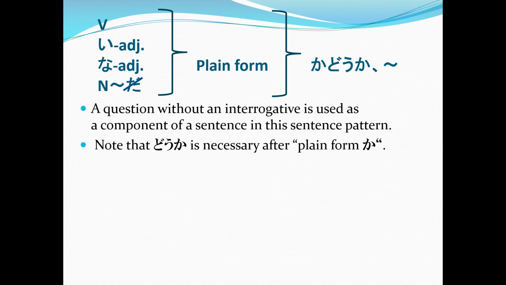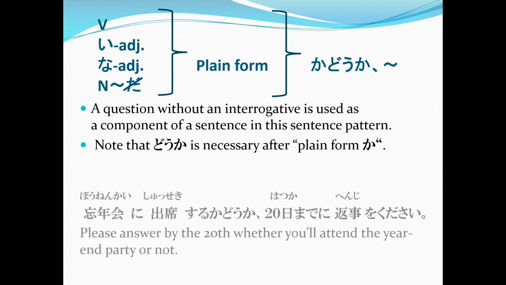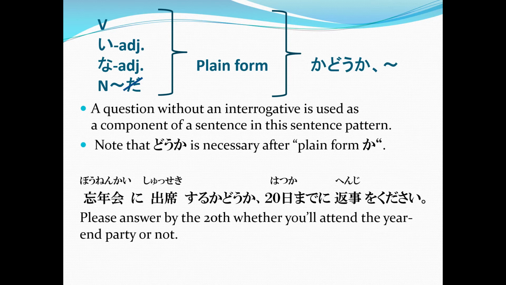So here are the examples for you to better understand it. Onenkai ni shusseki suru ka doka hatsuka made ni henji o kudasai. Please answer by the 20th whether you'll attend the year-end party or not.